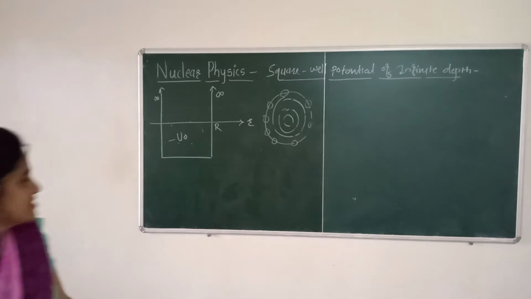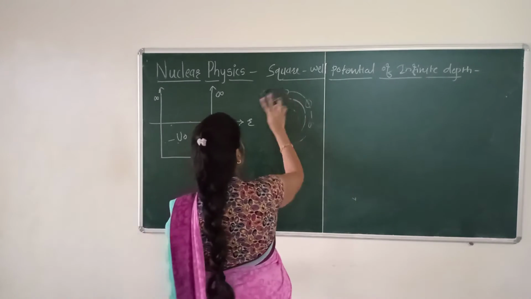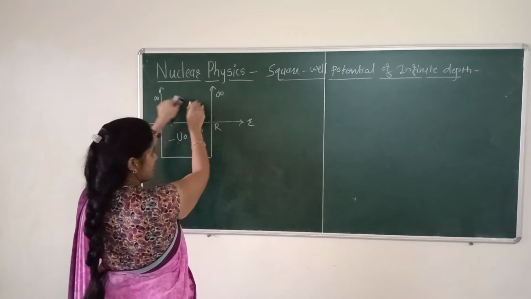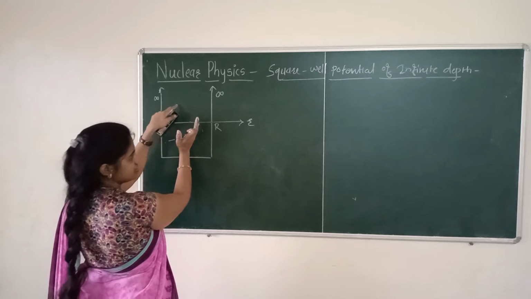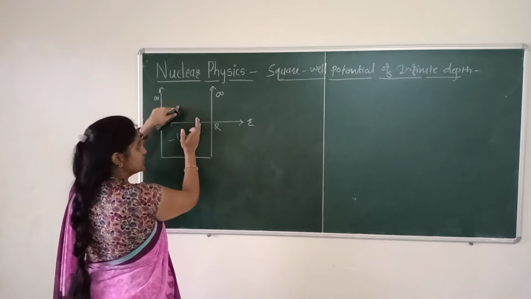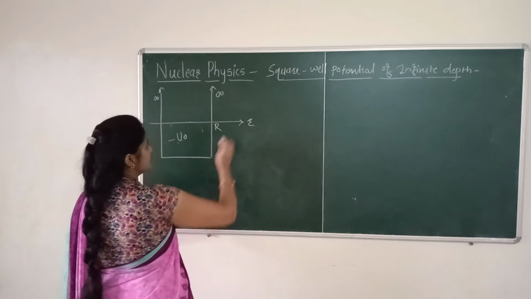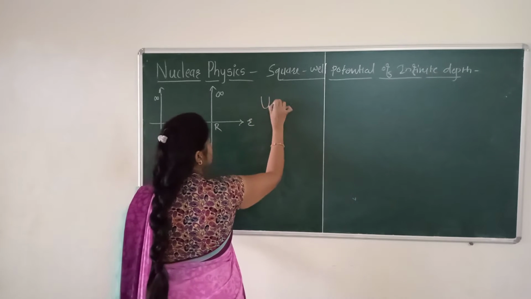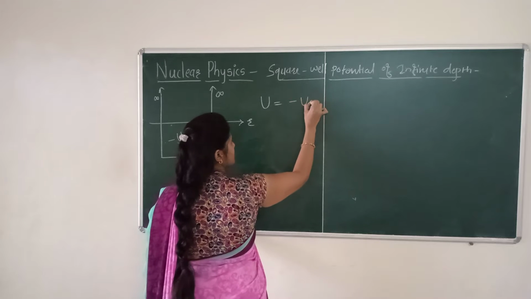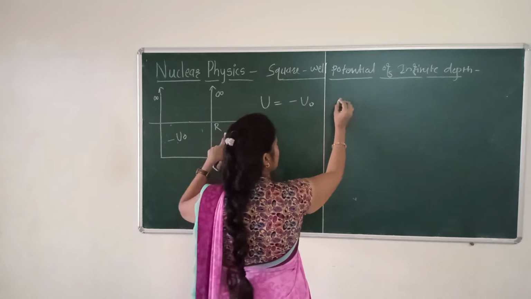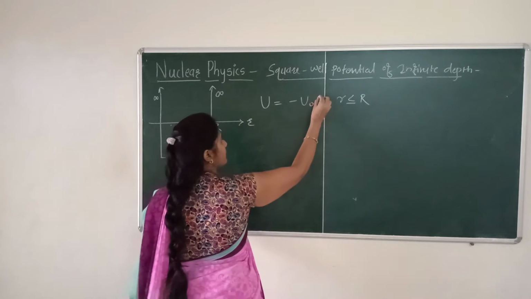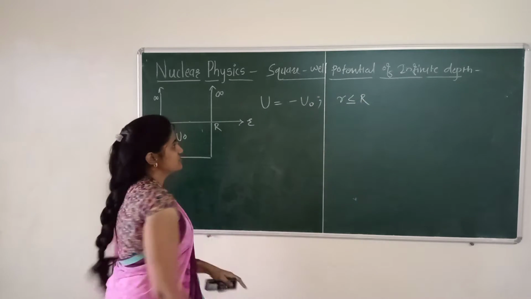See here, what is the constraint? If this is the square wave potential of the nucleus and a number of nucleons are enclosed in this potential, then the constraint is that the potential U is equal to minus U naught when r is less than or equal to R. That is the first one.